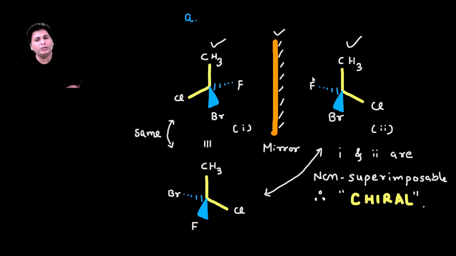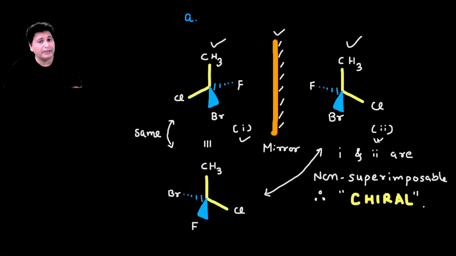As you draw the mirror image of compound A, let us call the compound 1 and the image 2. When I say you try to superimpose, what I mean is all the groups must be placed ditto on each other.